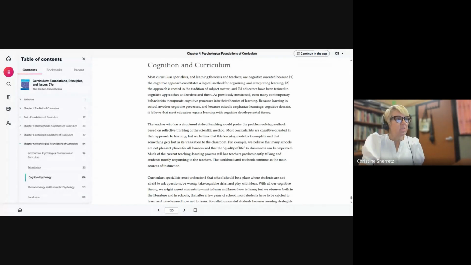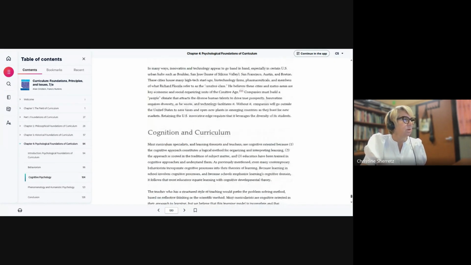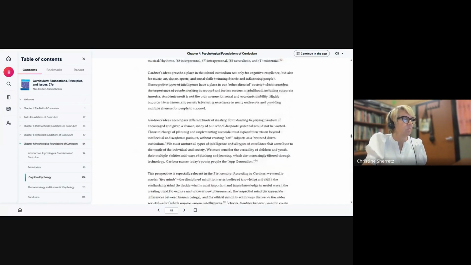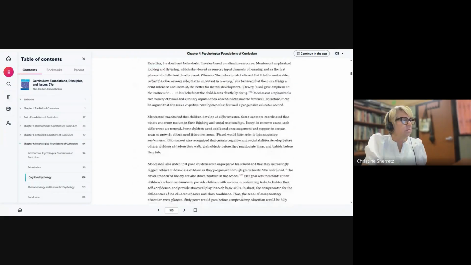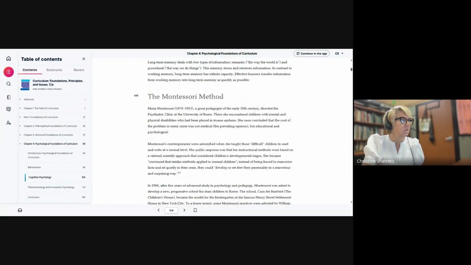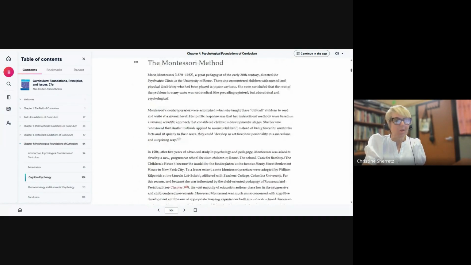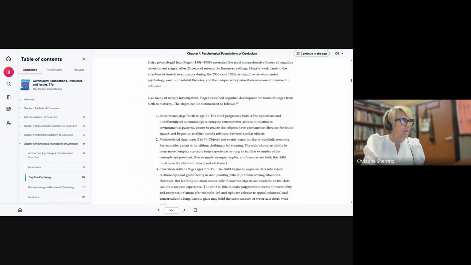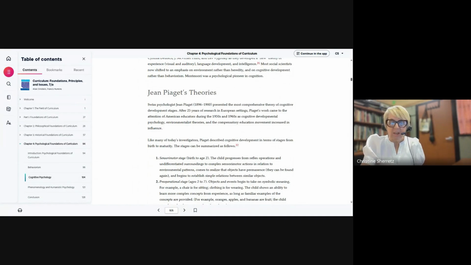Chapter 4 is the first chapter you're going to be reading, the psychological foundations of curriculum and instruction. This will probably be review, things like cognitive psychology and the works of the Montessori method. We're going to look at Jean Piagetian theories. That's very important. Piaget was huge, and his theory helped curriculum designers know how to sequence learning activities.